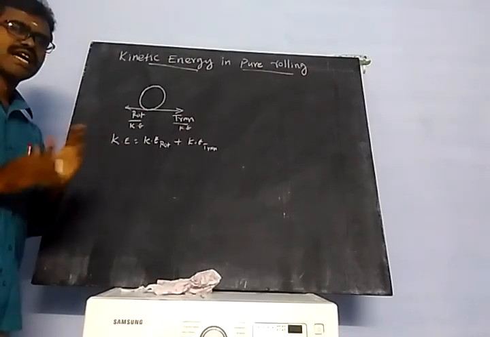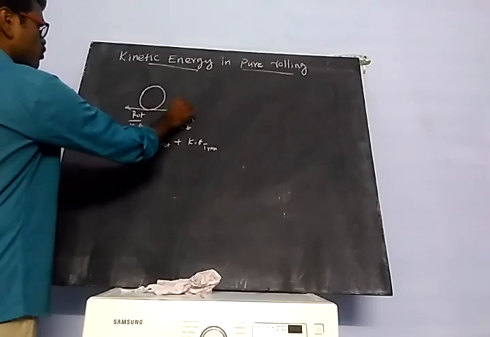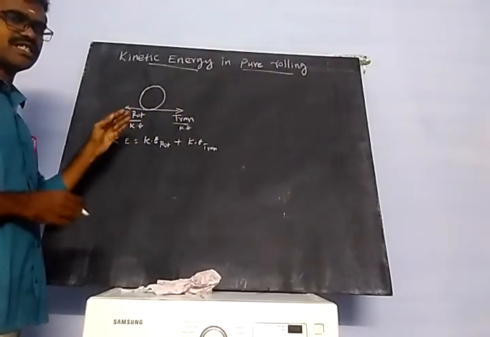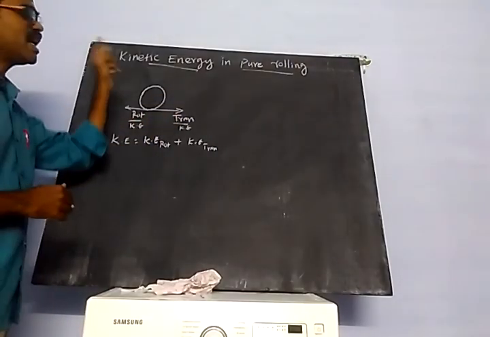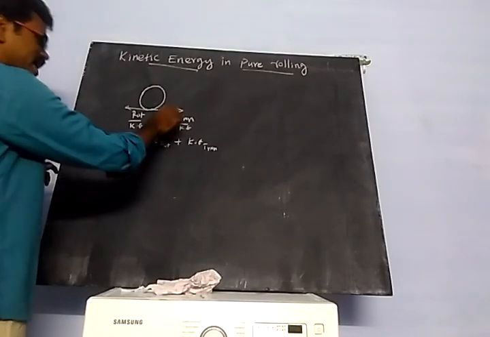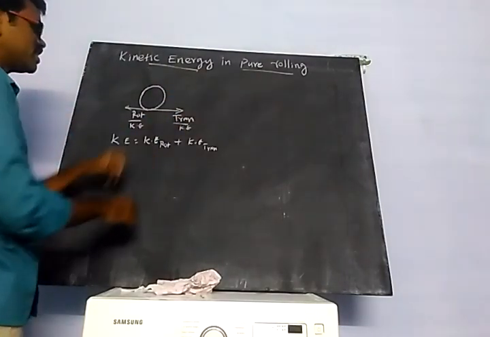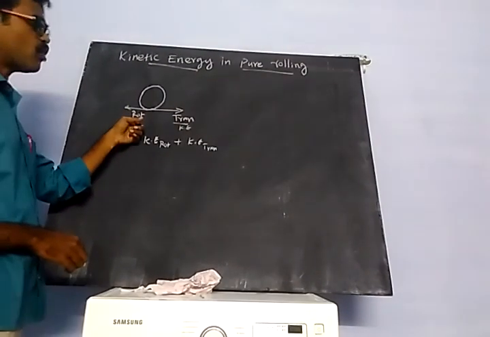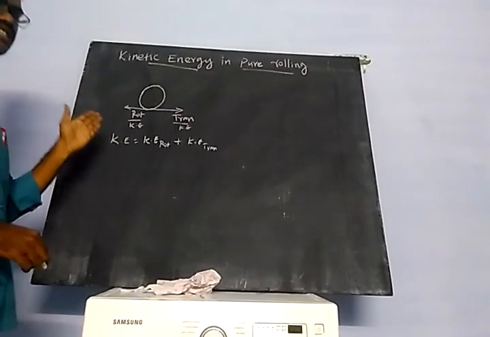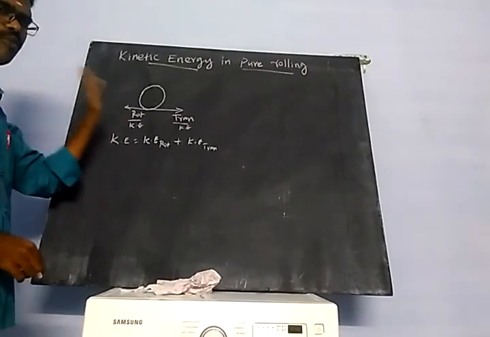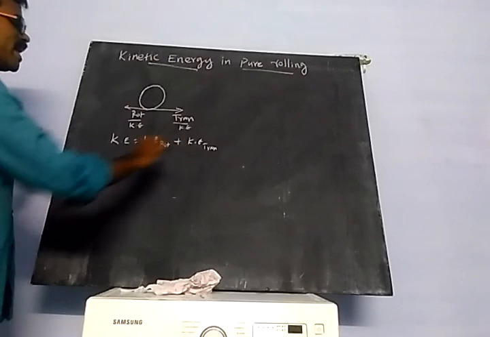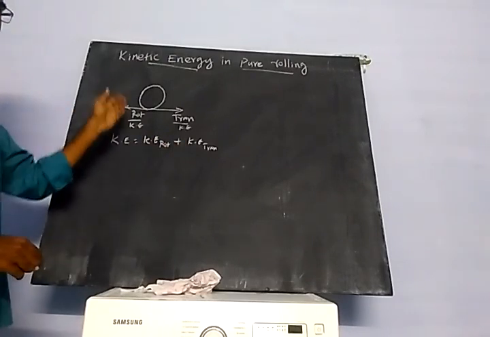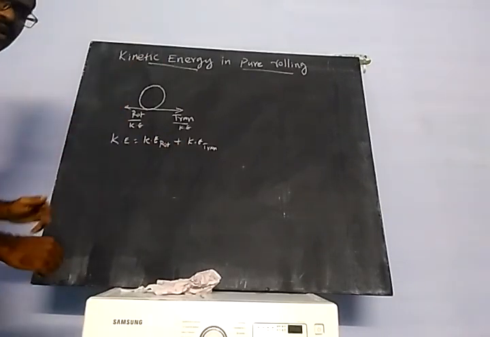If an object is in motion, it has some energy, and that energy is called kinetic energy. So translational kinetic energy and rotational kinetic energy both act on a rolling body, and by summing them we get the total kinetic energy of pure rolling.